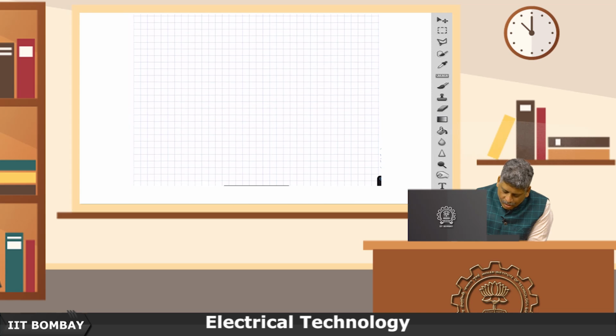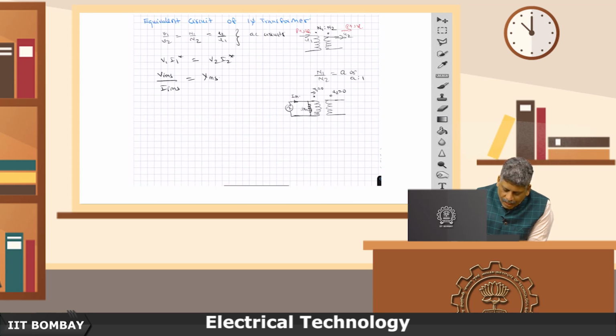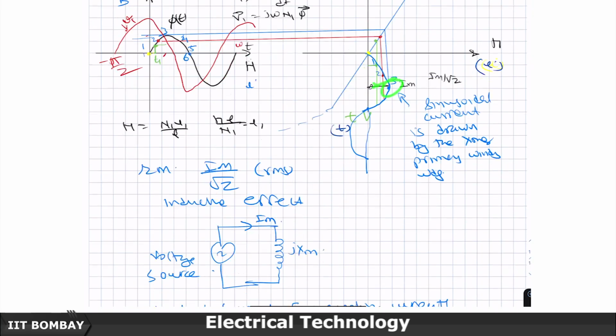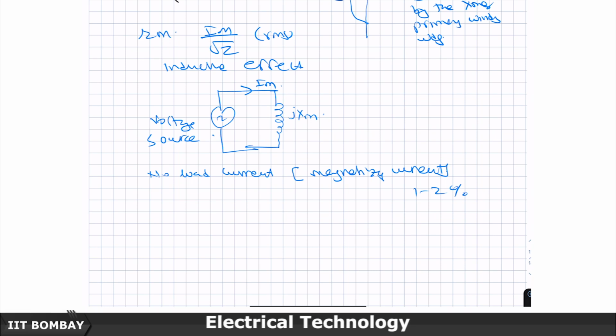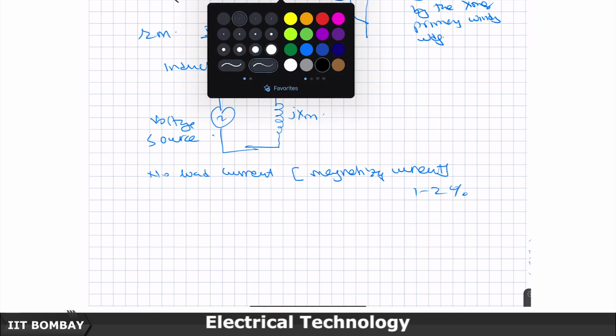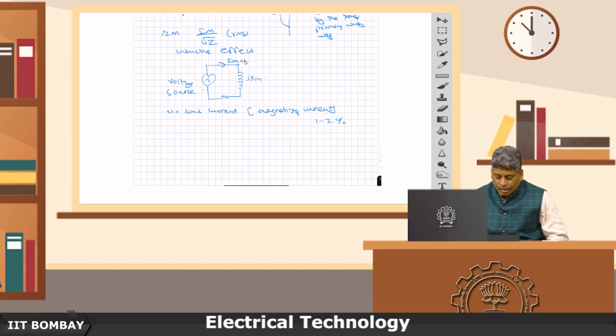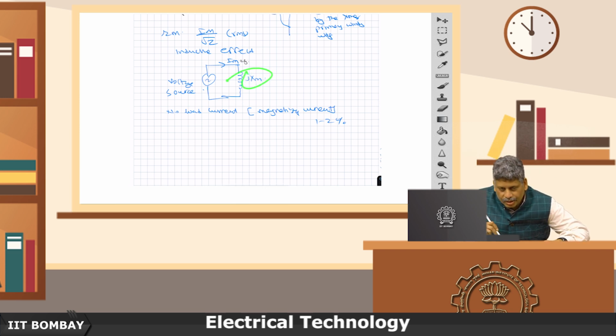1 by root 2 of that is Irms, and the ratio of the two is the magnetizing reactance. Im here does not mean the peak value, it means the magnetizing component of the current, and the ratio of that gives you the absolute value of the reactance, which is Xm, a positive number, and j times that is the magnetizing impedance.